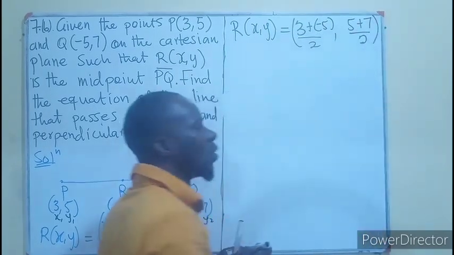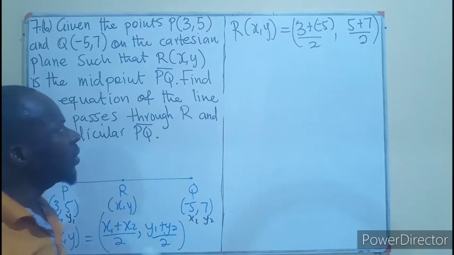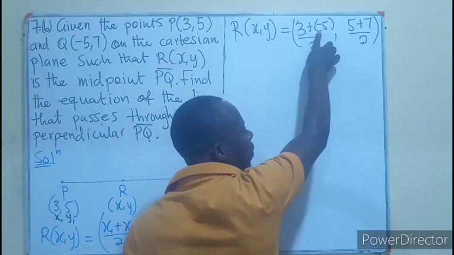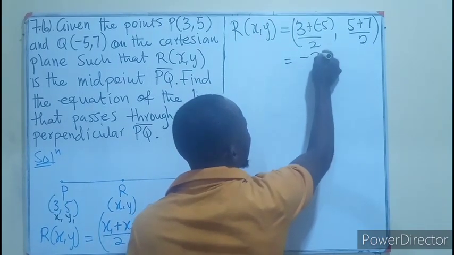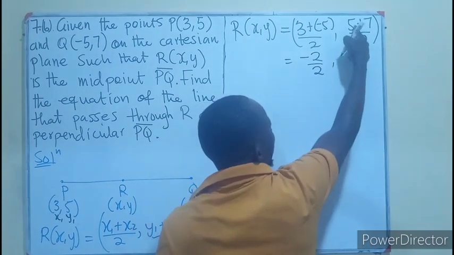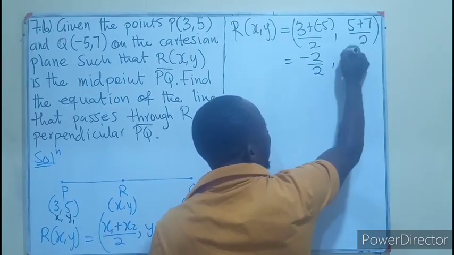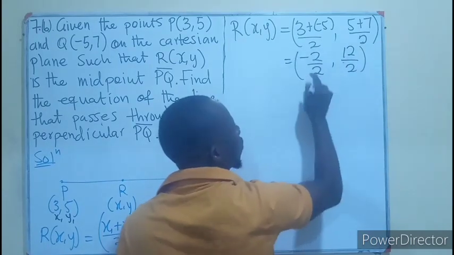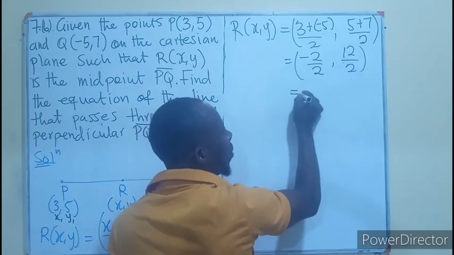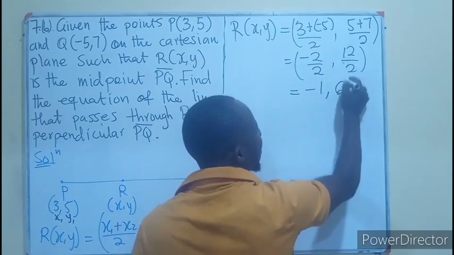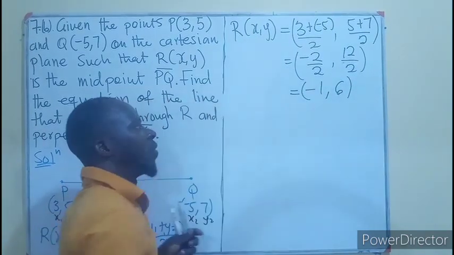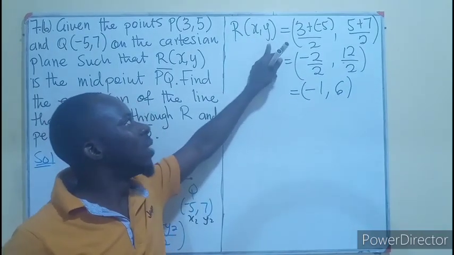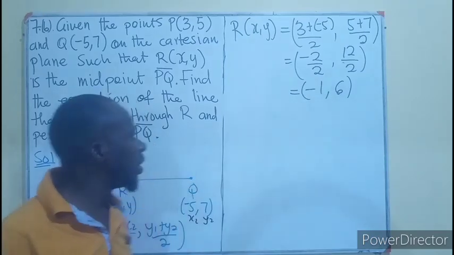That will give us the coordinate of R. 3 minus 5 will be negative 2, so we have negative 2 over 2. 5 plus 7 will be 12 over 2. In performing this, we have negative 1 and 6 as the coordinate of R, meaning x is minus 1 and y is 6.